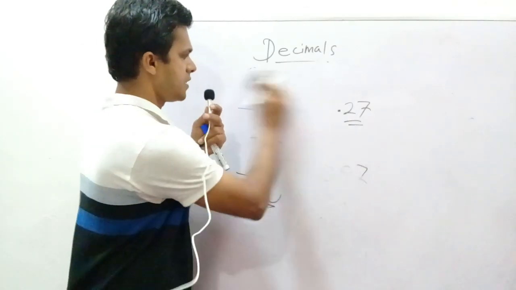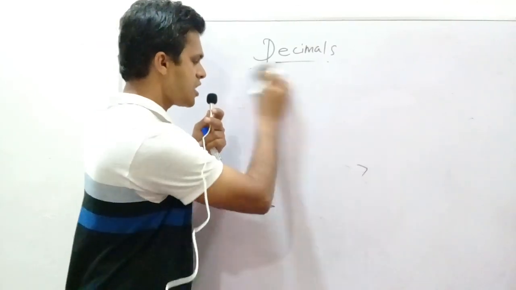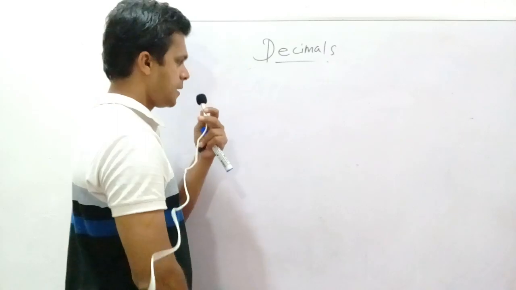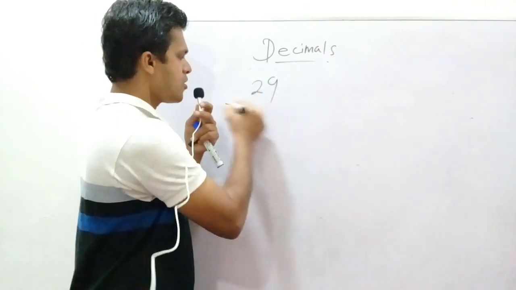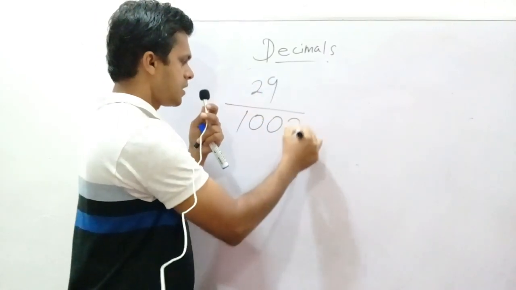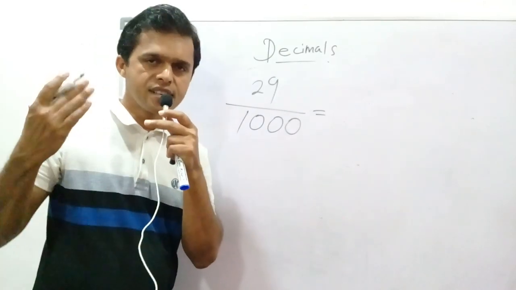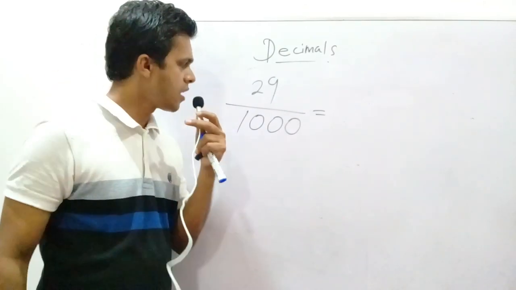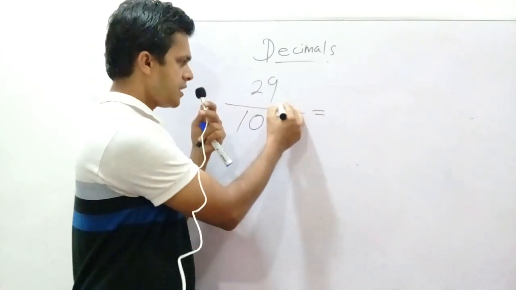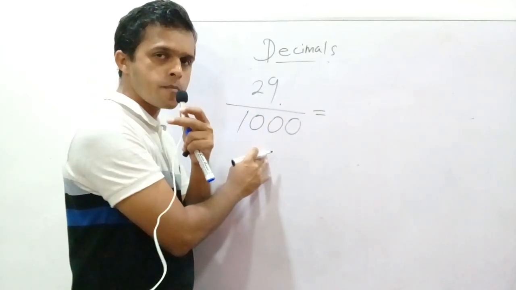How about this one? 29 over 1000. How can you write this fraction as a decimal number? The decimal point here cannot be seen.